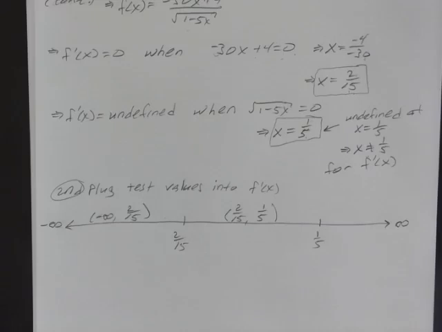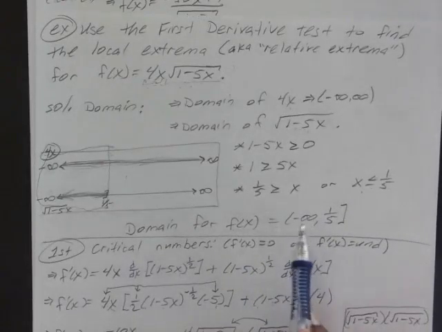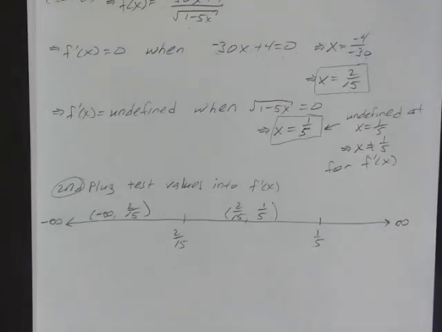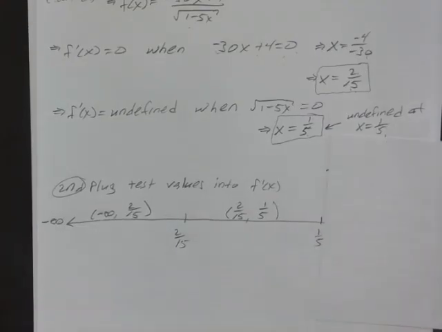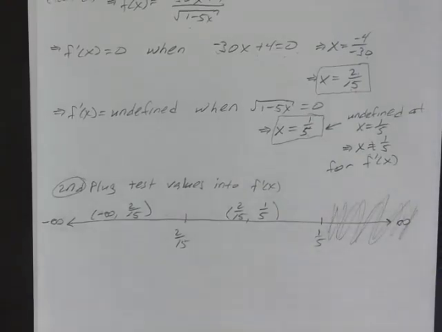Okay. So if you were trying to figure out why we did all that stuff at the beginning, remember the domain for the entire function is from negative infinity to 1/5. So even though it can't equal 1/5, our entire domain is only from here on to the left. Which means we're not even looking at this, because all those values will give us an undefined function.